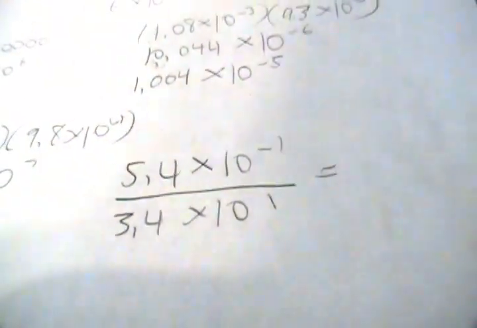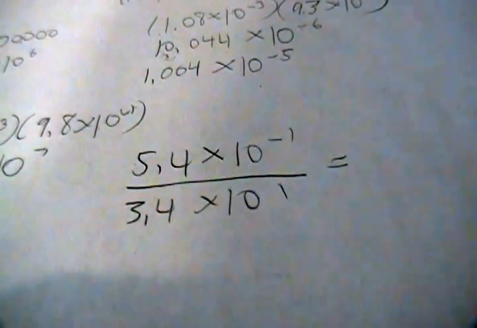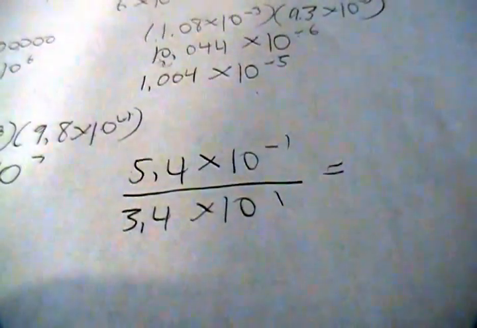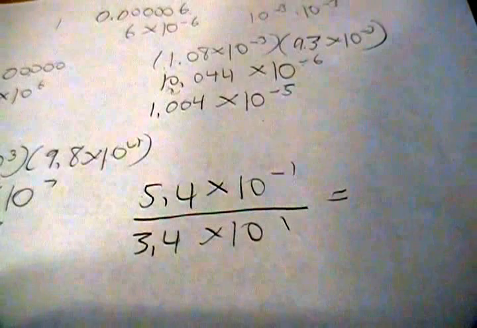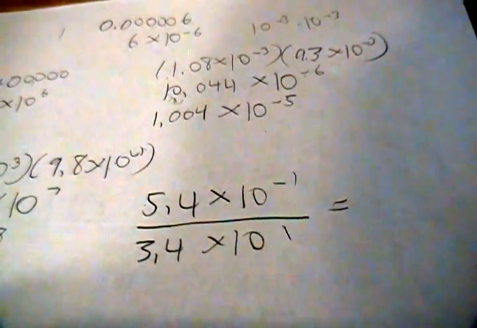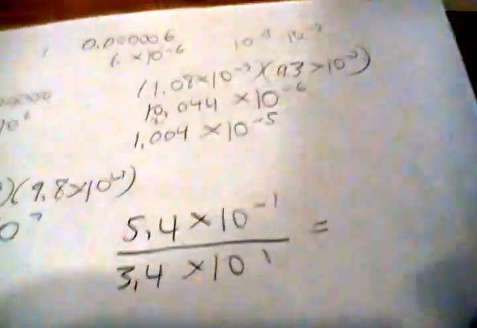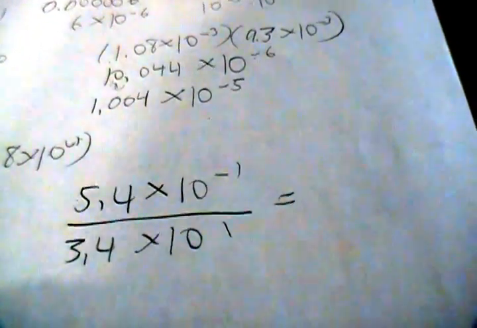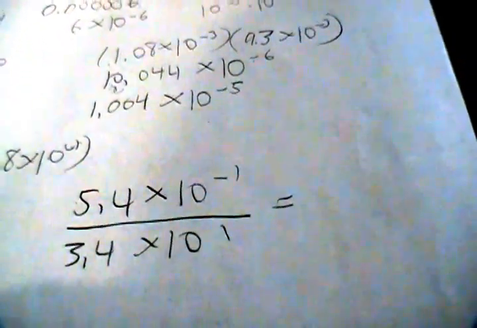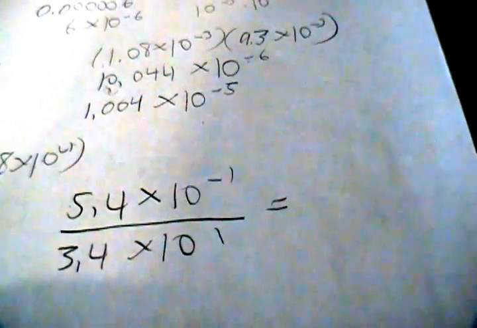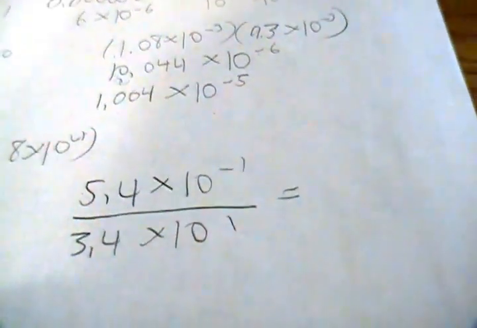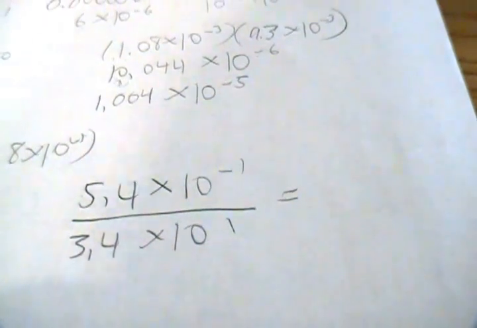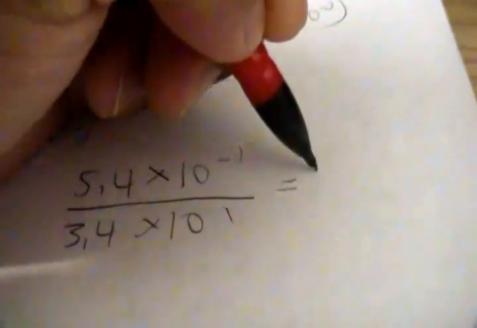Let's first divide 5.4 by 3.4. We get 1.588.